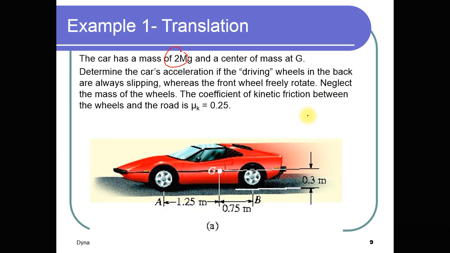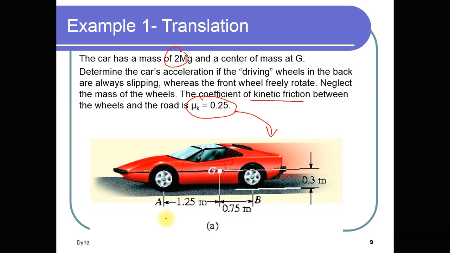The coefficient of kinetic friction between the wheel and the road is mu k 0.25, and it only happens at the rear wheel. The only parameters given are the weight of the car and the coefficient of friction.